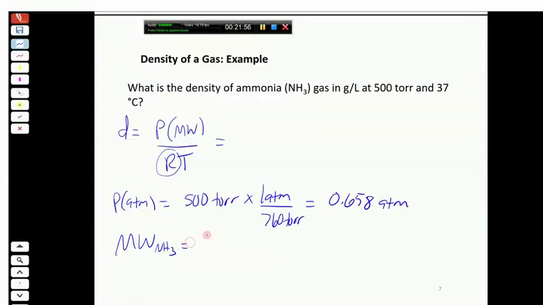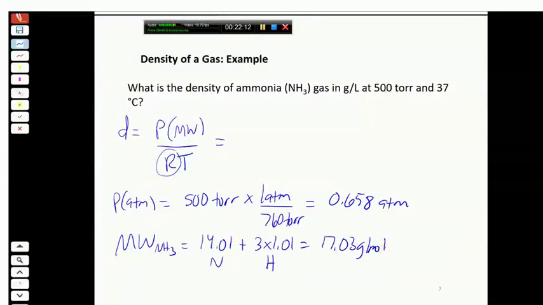It's just the sum of the atomic masses, which is 14.01 for nitrogen, and 3 hydrogens, which are 1.01 grams per mole each. So the sum of those would be 17.03 grams per mole for NH3. So that's the molar mass. And then the last thing we need is the temperature in Kelvin. So 37 Celsius is the temperature we're given. We add 273 to convert it into Kelvin, and that comes out to 310 K.